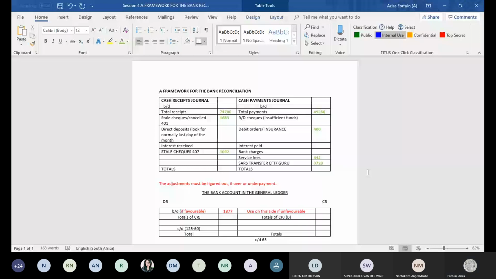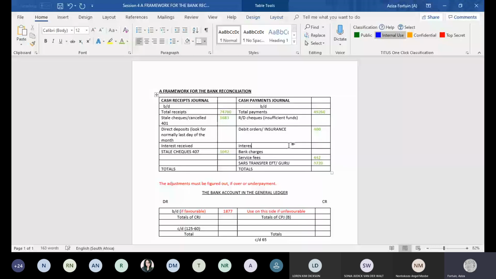So 5517 minus 5170 is an amount of 347 Rand. And because it took place in my cash receipts journal, where they entered more money than what was received, we need to pay out. So here's an adjustment. We didn't use interest paid, so I'm just going to write adjustment.